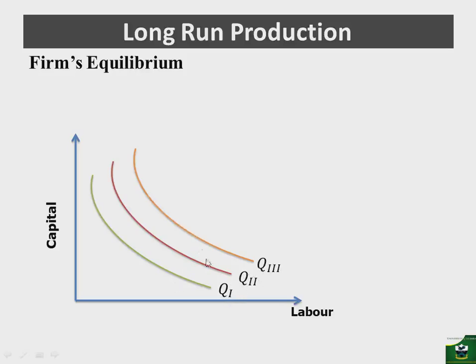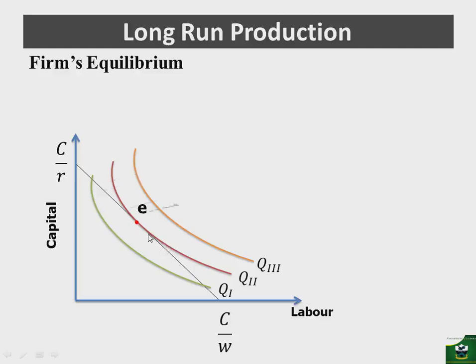If we have the three of them, then the firm has to choose the highest possible isoquant where it can produce, and that should be a point where the isocost line is tangent. If we draw our isocost line, we notice that we have the point of tangency here. On the vertical axis, we put the intercept, and on the horizontal, we put the associated intercept. The point of tangency here, we can call point E, becomes the equilibrium point.